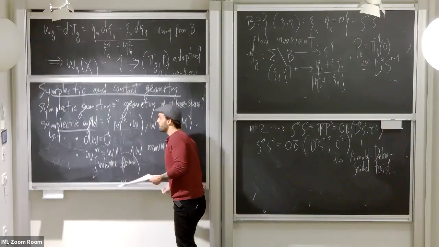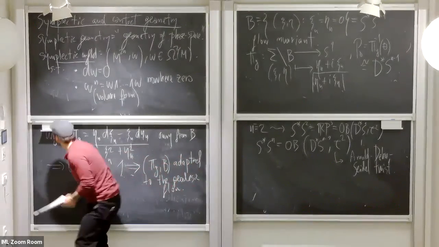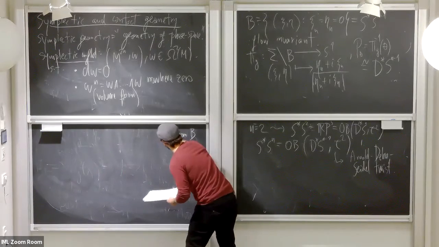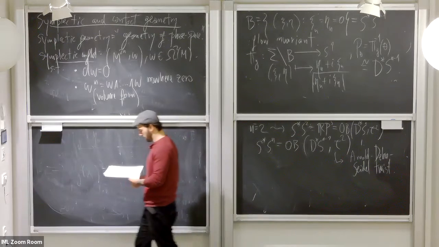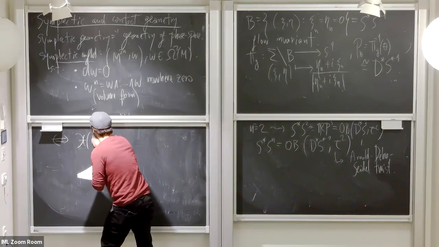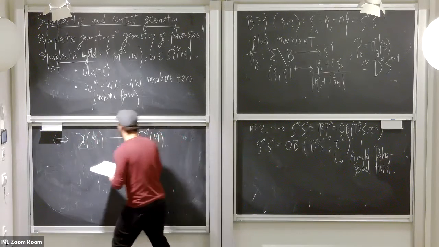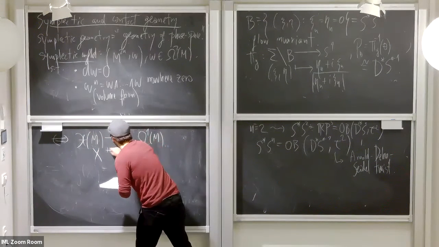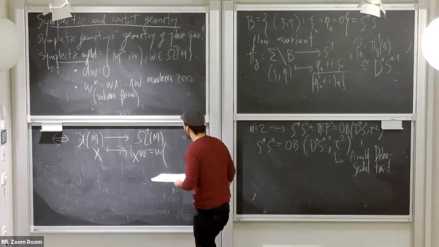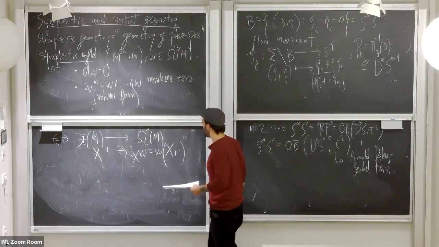And it's not hard to check that non-degeneracy in this sense is equivalent to the following: the map going from vector fields on M to one forms on M, defined by contracting with omega, so my notation for contraction is I_X omega, so omega, if I make it eat X, this is now a 1-form.